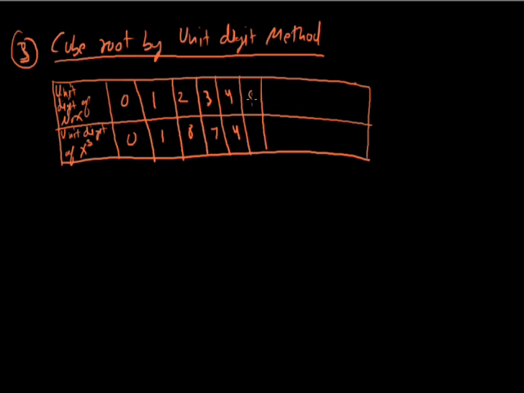If you have 5 at the unit place, 5 cube is 125, the unit digit is 5 again. If you have 6, the cube of 6 is 216, so we have again unit digit 6. If you have 7 as a unit digit, 7 cube is 343, the unit digit is 3. If you have 8, 8 cube is 512, so unit digit is 2. If you have 9, 9 cube is 729, so 9 is the unit digit.